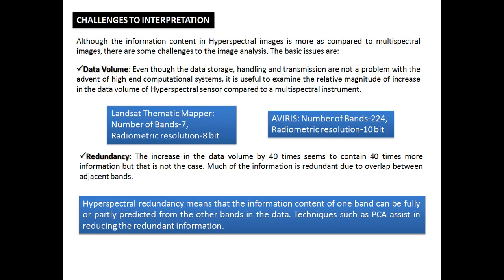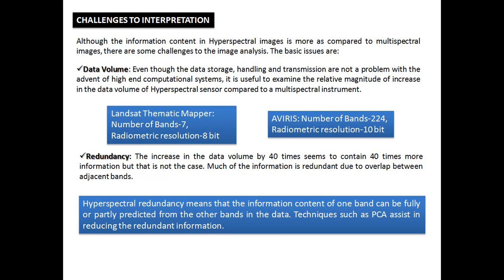Though for vegetation, the spectral response in the green band is quite different from the near infrared band, if we view the vegetation from the red band, then we get quite similar information between the red and the green. So then we get redundancy in the database.